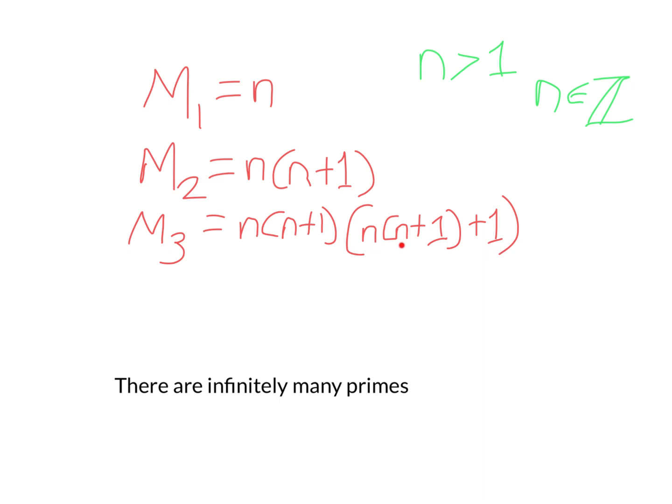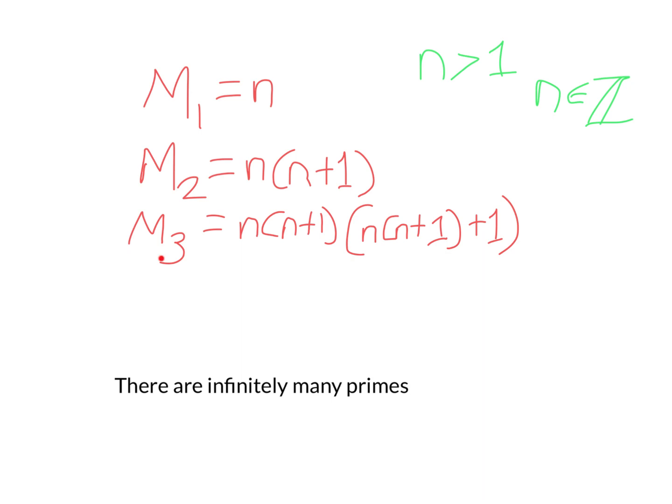So I'm introducing more primes into the prime factorization of M3. There were at least 2 primes in M2, and then we're adding in this number. Either it is going to be prime or it's going to have additional prime factors than we had in M2, because M2 and the next consecutive number share no prime factors.